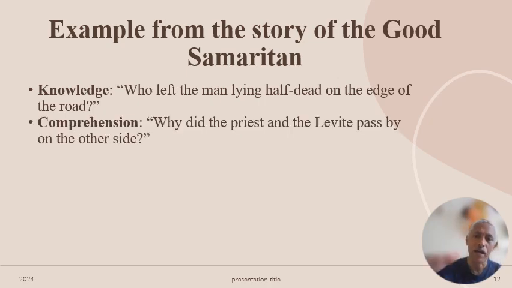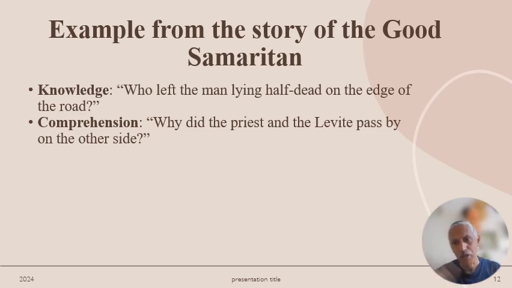If I go a higher level, I don't want them to just know who left the person half dead, but I can go to a higher level of comprehension. Why did the priest and the Levites pass by on the other side? Now this requires an explanation. The thieves had beaten up this Jewish man and left him half dead, and the Levites and the priests come.